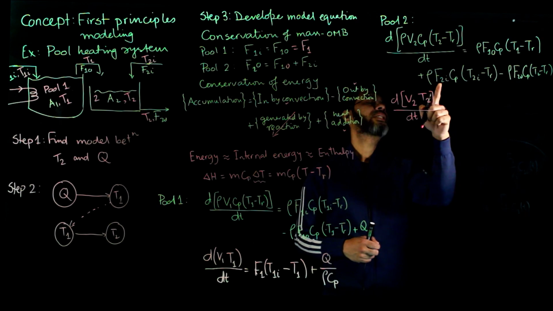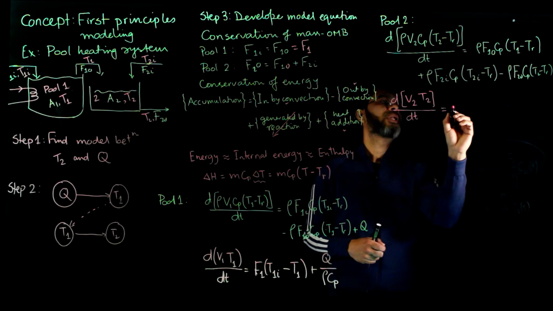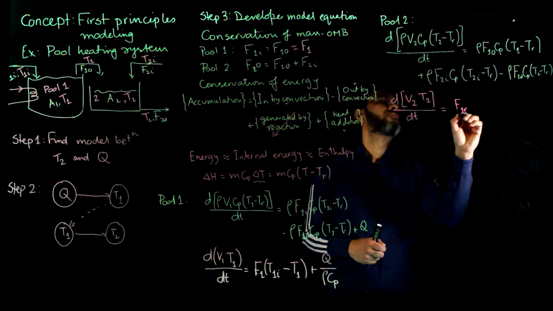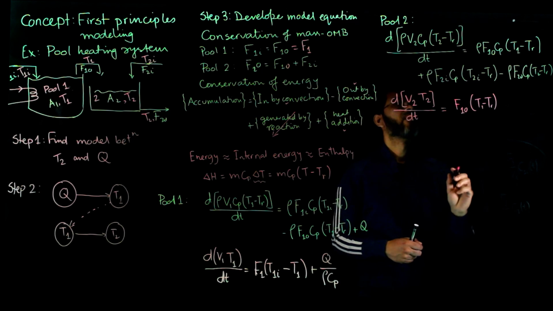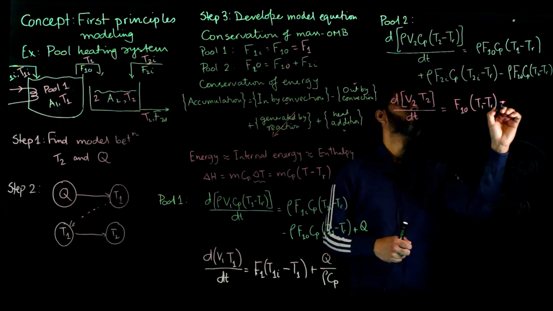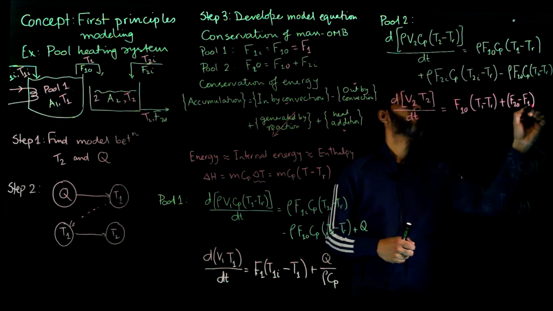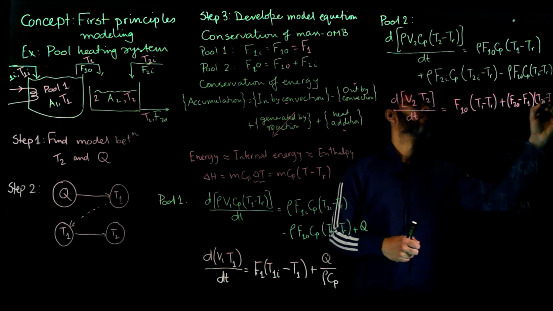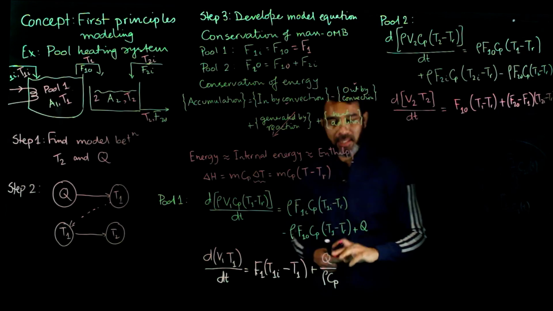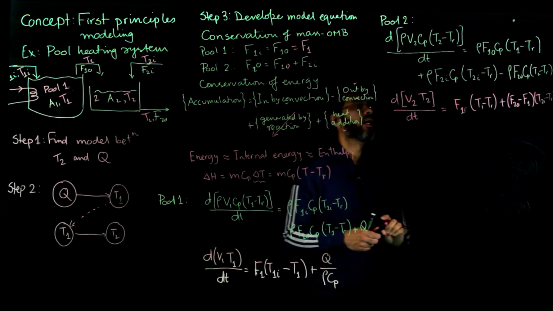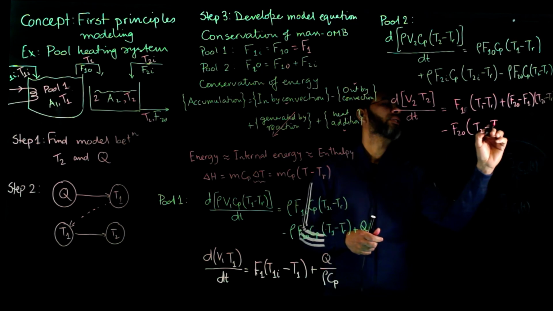If we replace this F1o by F1 using this relation, we will simply write it as F1 here, and then minus the last term F2o (T2 minus Tr).